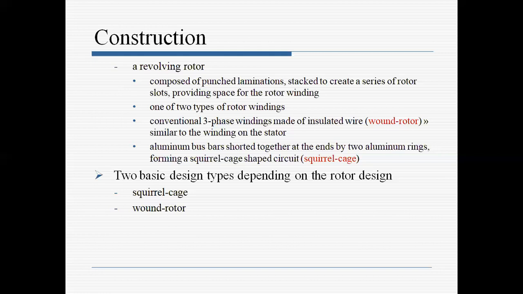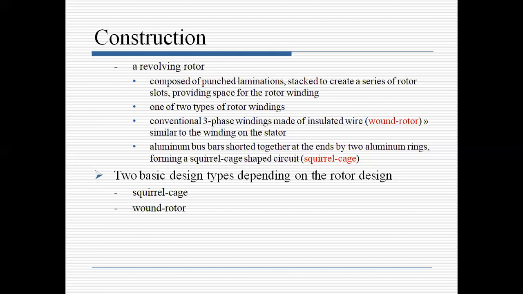The slip ring induction motor has a conventional three-phase winding made up of insulated wire, similar to the winding on the stator. We know in the stator a three-phase winding is provided. Similarly, the winding is provided for the wound rotor induction motor, but aluminum bus bars are provided for the squirrel cage induction motor.